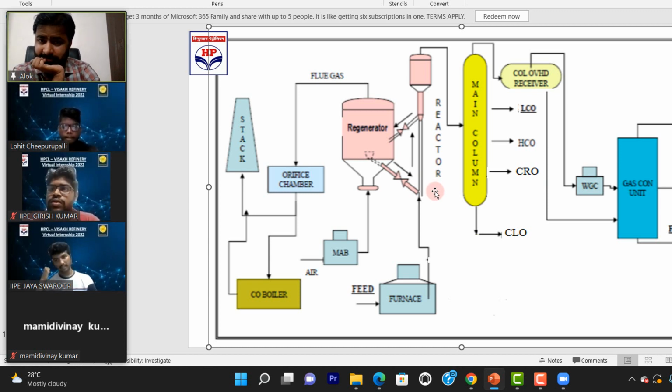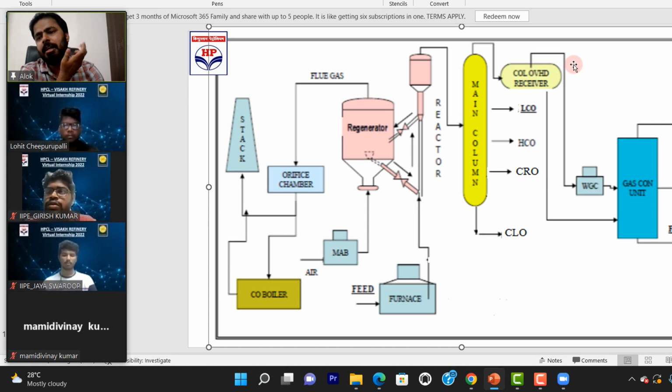Actually, above 500 is what we basically prefer: 510, 505, 530 degrees Celsius like that, because below that the cracking reaction is very problematic. In fact, we have been given interlocks. If the temperature goes below some 455, 450 degrees Celsius, a unit shutdown has to be taken. We cannot process that feed in the reactor.